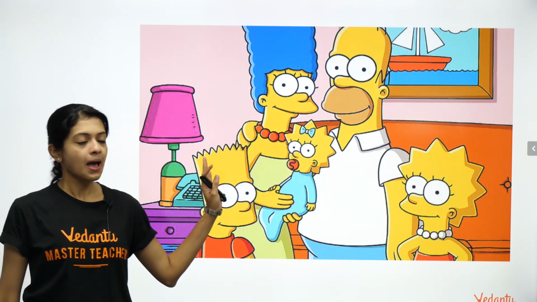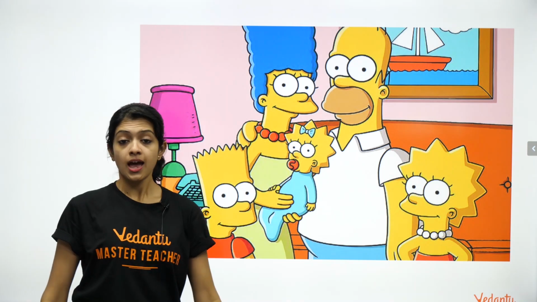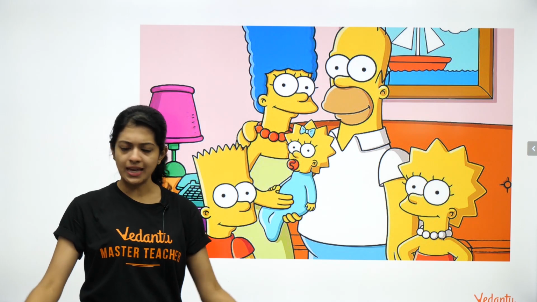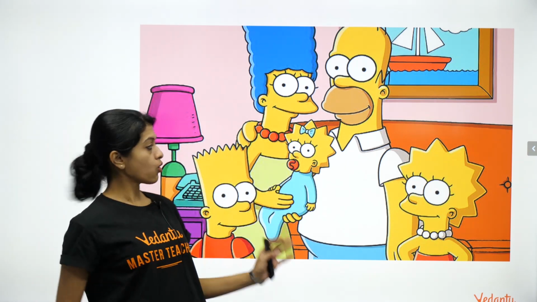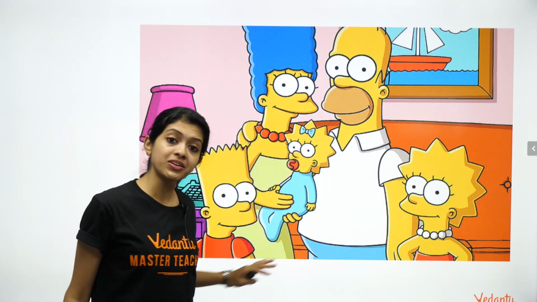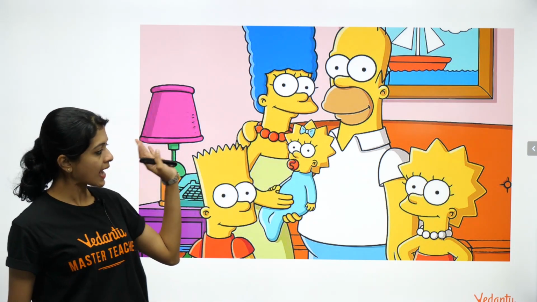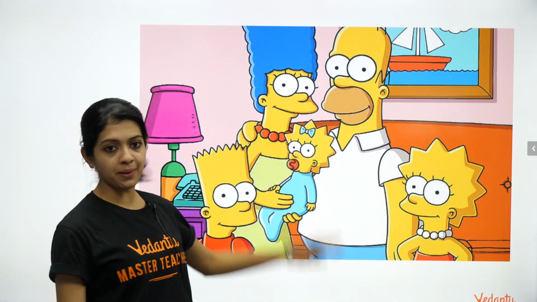If you look at this picture that's right behind me, it's a family picture. Some of you may recognize this as the Simpsons, which is a very famous cartoon. Some of you may not have seen it, but that doesn't matter here. All that I want you to do right now is observe how similar or how different the children are from their parents. You see that the three children do have a lot of similarities with their parents, right?